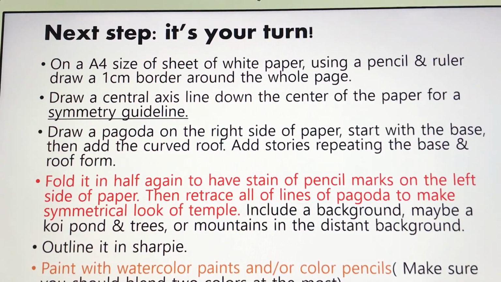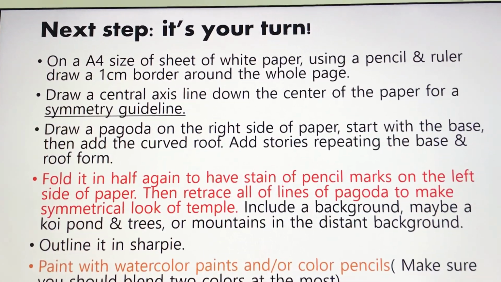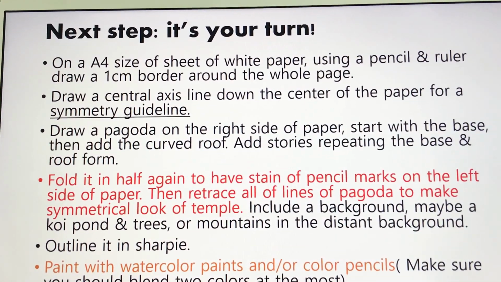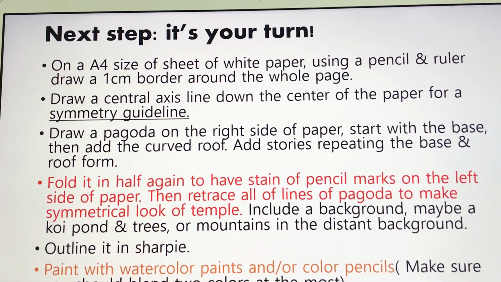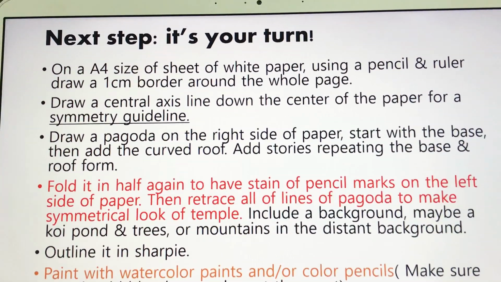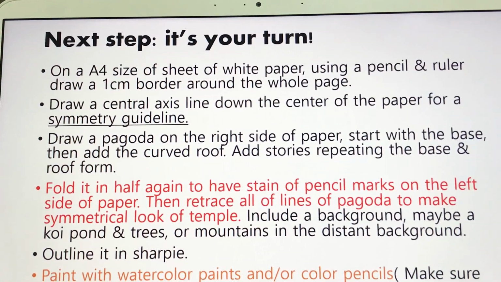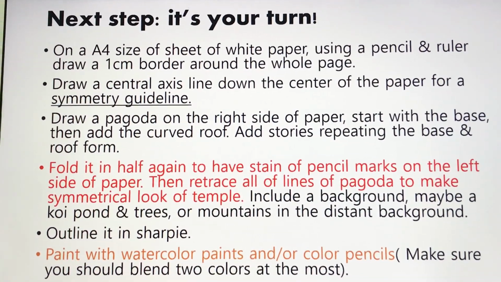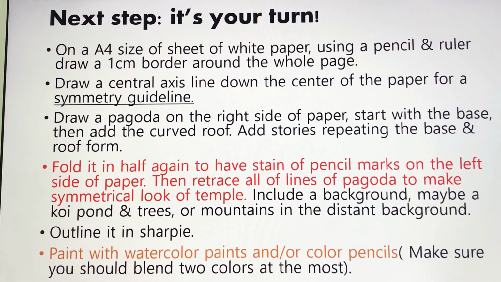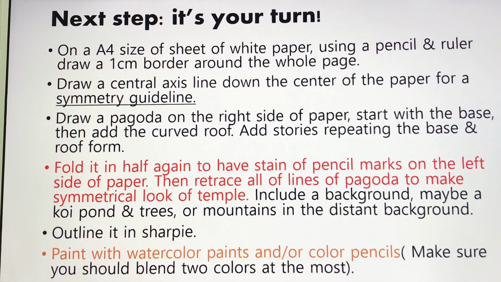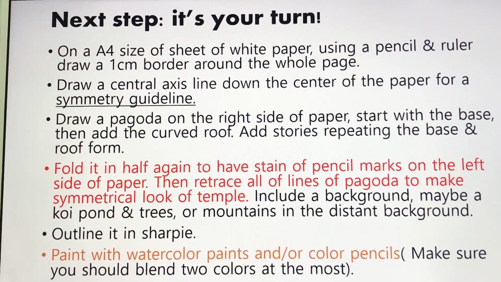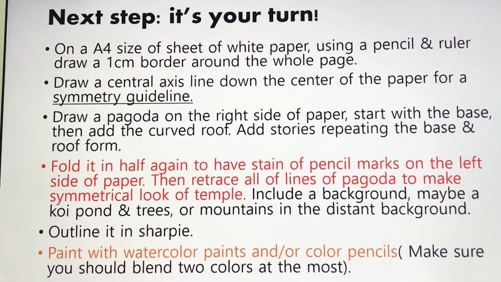After that, you can include the background, maybe clouds, maybe a pond in front of it, some trees behind, and a little bit of mountains in the distant background. You can do that too. Once you finish with the pencil, you need to outline it using a black Sharpie marker.